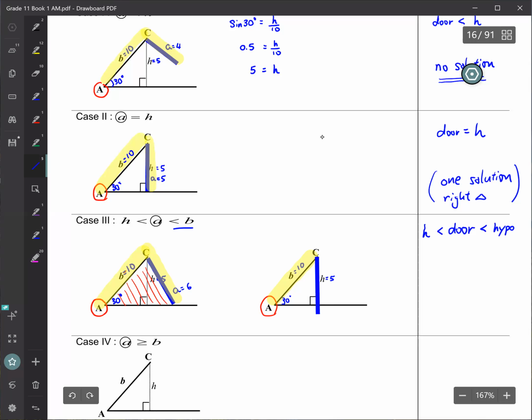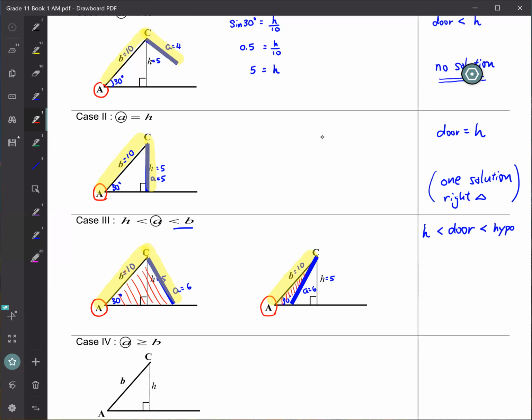On the left? Yeah, I can swing it so it will be stuck inside. So you get the same three measurements. Side A is still 6, but the shape of the triangle is very different. The triangle now is a much smaller one.